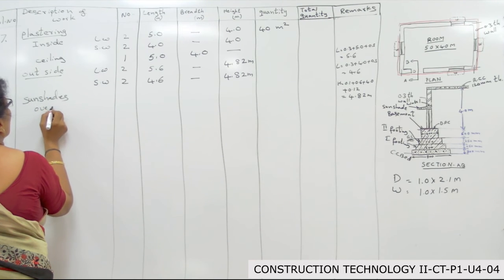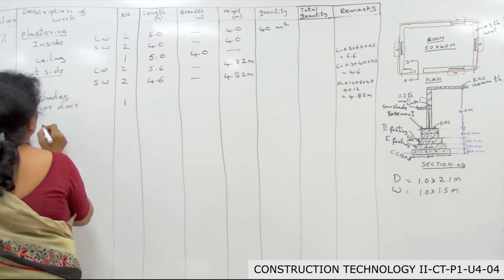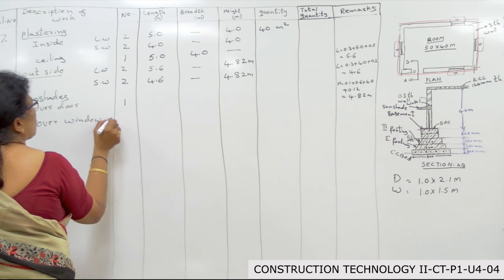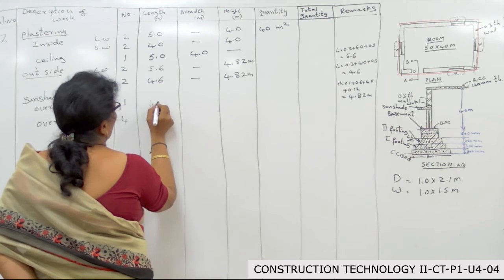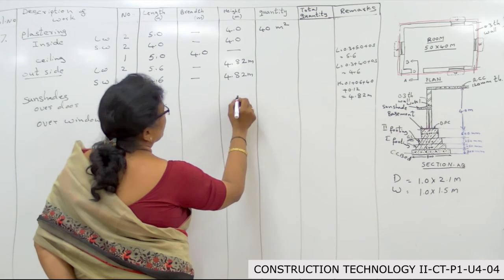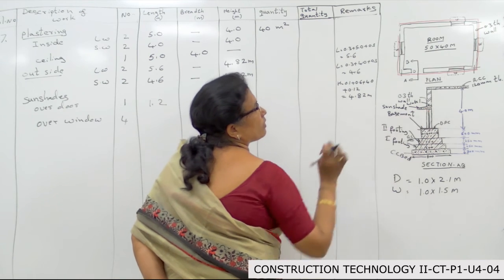same 4.82 meters. Then you have to do plastering for sunshades also. Sunshades over doors. How many doors do you have? 1 door. And over windows, 4 windows.